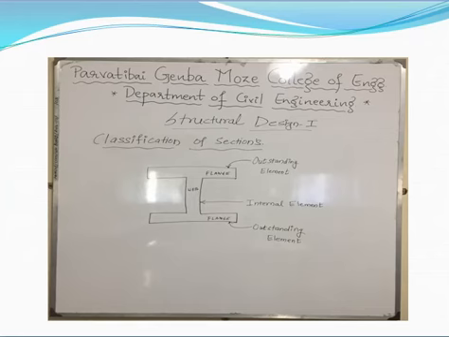First is the internal element. These are the elements attached along both longitudinal edges to other elements or to longitudinal stiffeners connected at suitable intervals to the transverse stiffeners. For example, the web of an I section.